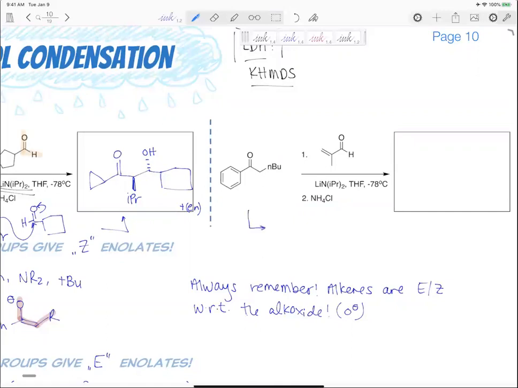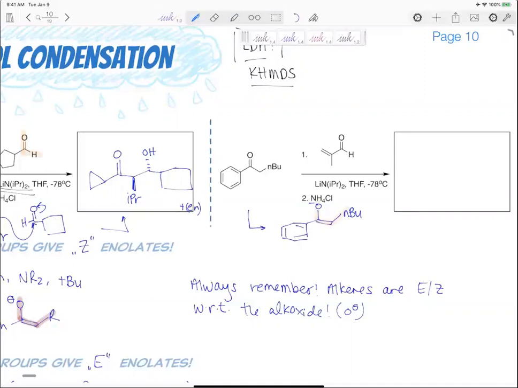But because this time we have a large group, what we're going to have is the Z olefin, or the Z enolate. So tert-butyl is going to be here. Now remember, it's Z with respect to the oxygen.